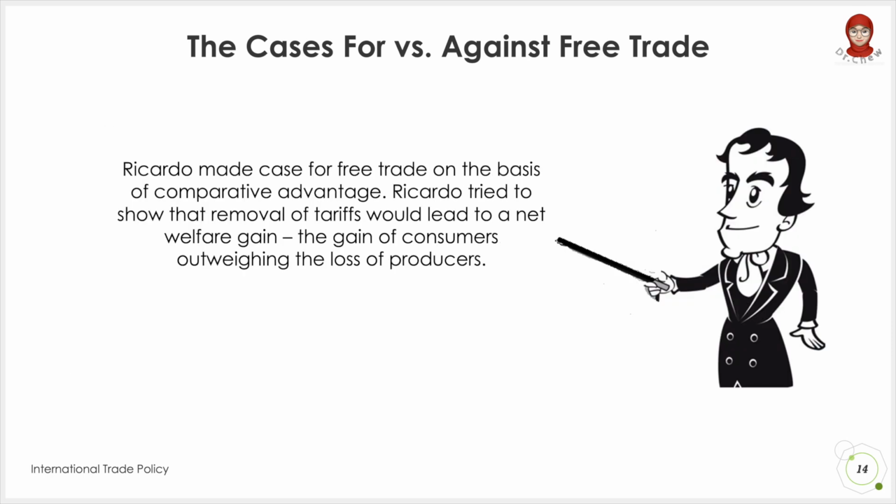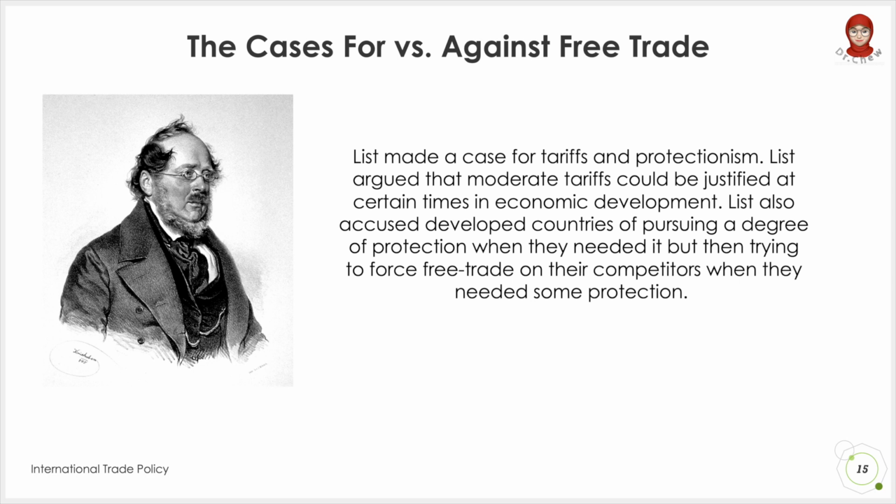Smith's student, Ricardo, made the case for free trade on the basis of comparative advantage. Ricardo showed that removal of tariffs will lead to a net welfare gain, the gain of consumers outweighing the loss of producers. Whereas Friedrich List made a case for tariffs and protectionism. List argued that moderate tariffs could be justified at certain times in economic development.